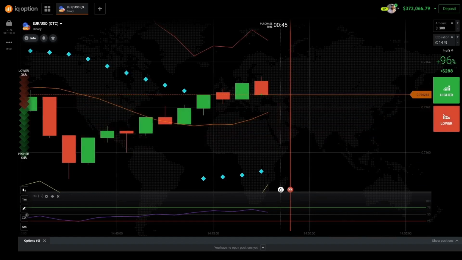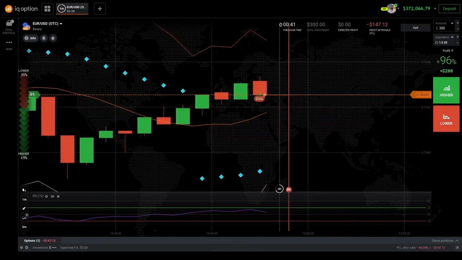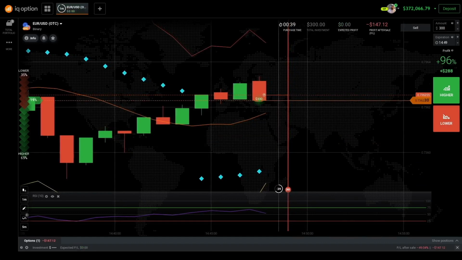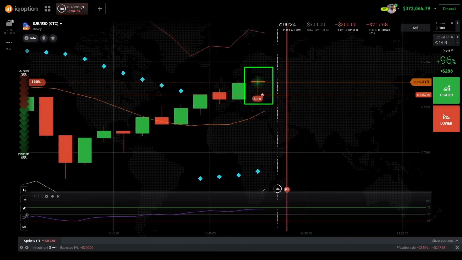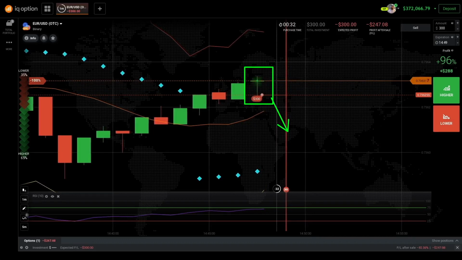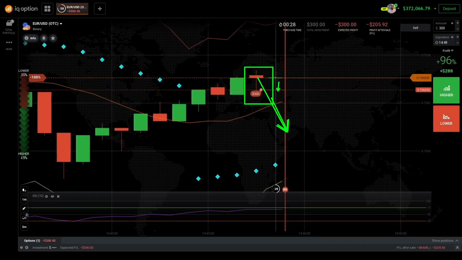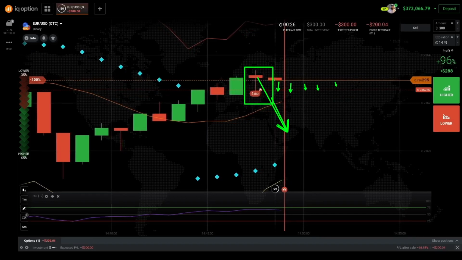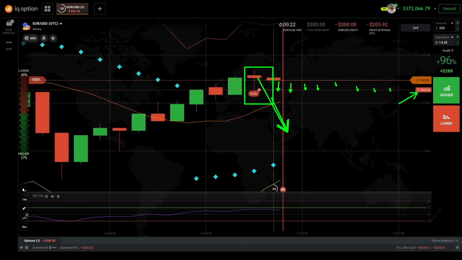Yeah, this one I can't trust, but let's open this one. Yeah, I could not trust this candle. It wasn't clear, but the next one, I'm sure that the next one is going down. So the market will go down from this point under this line. Yeah, under this price. Let's see.